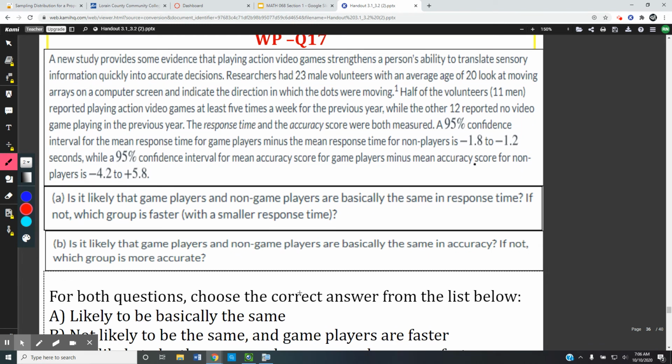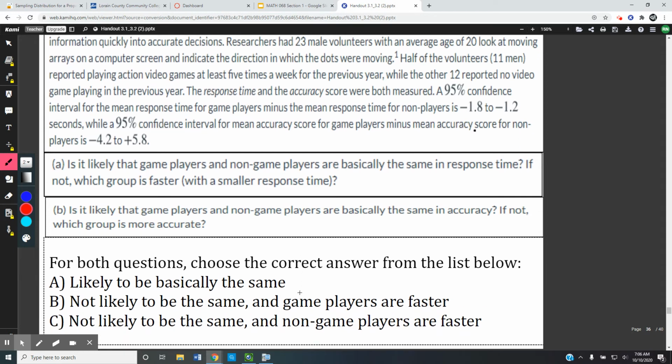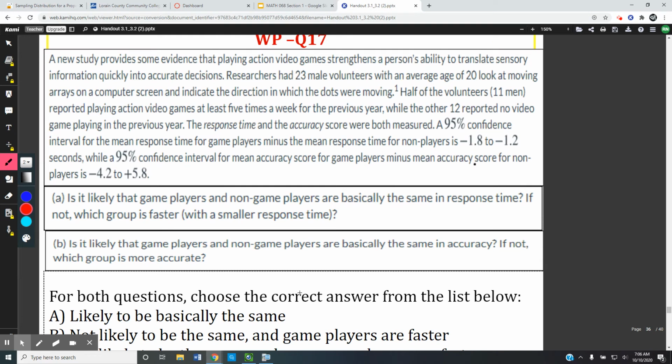Here goes another one. I'm not so sure we need this one, but this is another interpretation of a negative. What it goes on to say is that we have male volunteers who were asked to look at a movie rate on a computer screen, and then they took volunteer men who reported playing action video games.